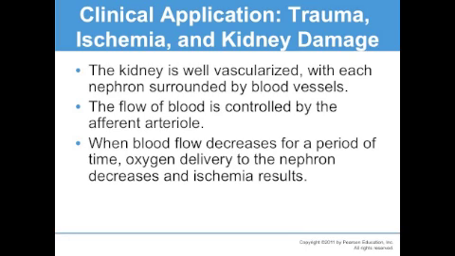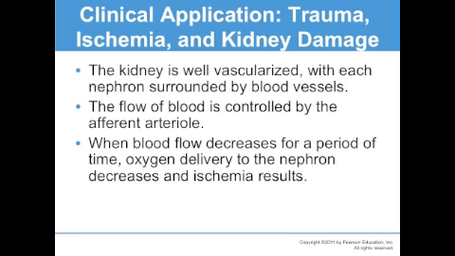With all of this blood filtration, reabsorption, and secretion going on, it's not hard to understand that the kidney has to have a good blood supply. The kidneys are well vascularized. Each nephron is surrounded by blood vessels, and the flow of blood is controlled by the vessel that's called the afferent arteriole.